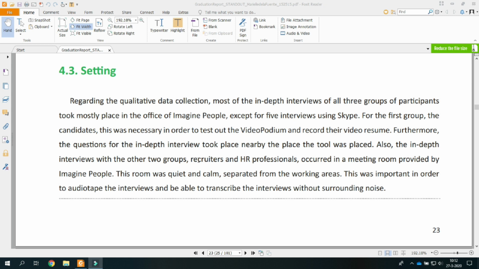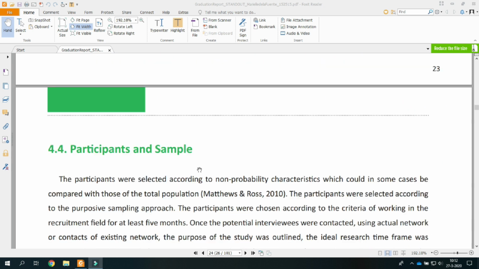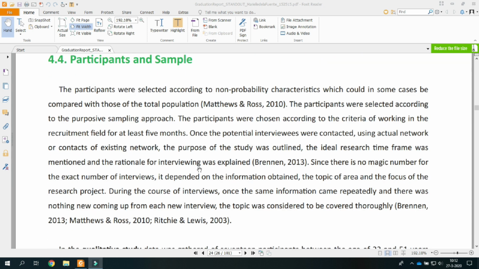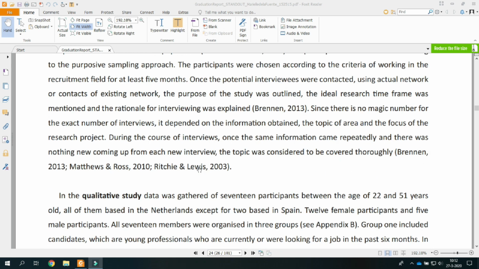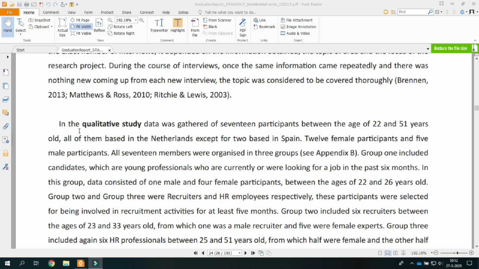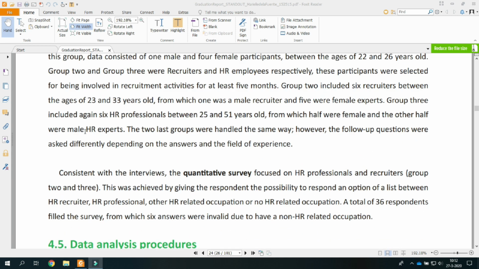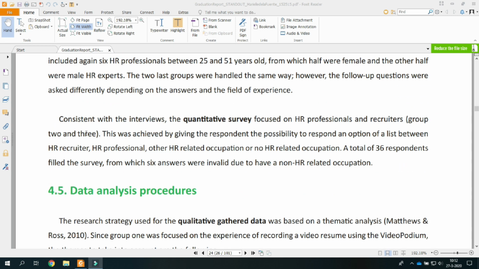The setting: how was it set, where did they see it, how was it done, so make it clear in which setting you obtained the data. Next to it, the participants and sample. How were they selected, how were they obtained, and how many did we need? Also for the qualitative and also for the quantitative.